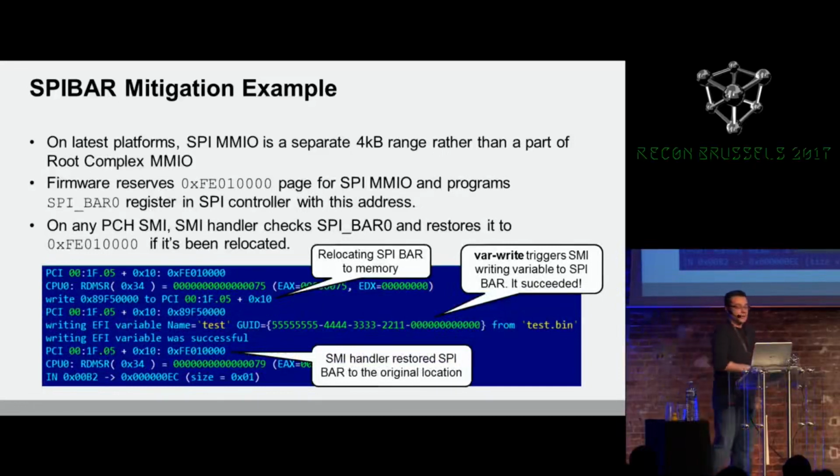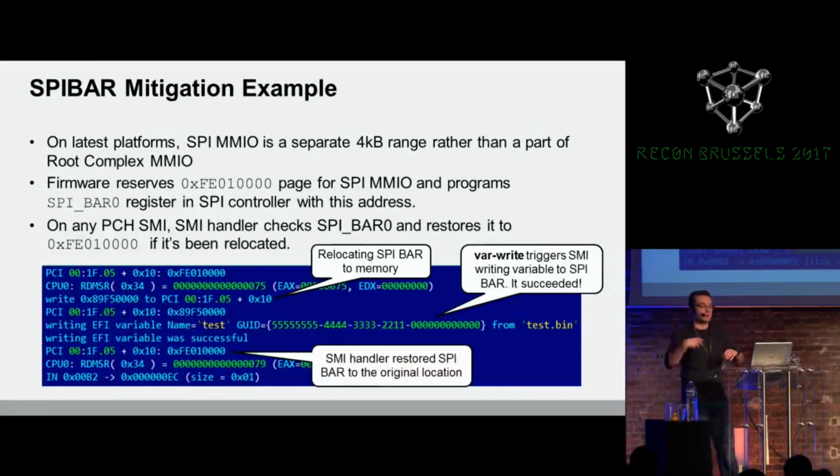Starting with later, Skylake systems, I think the boot firmware allocates the range at FE01 and 4 zeros in physical address space for the SPI MMIO range. On any SMI, PCH type SMI, the chipset type SMI, the SMI handler checks that the base address of the SPI MMIO range is at that address.